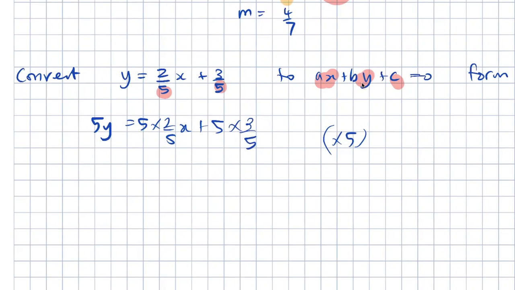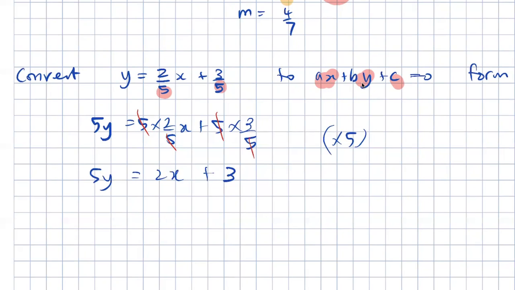These 5 over 5 cancel, as we'd expect them to, and we get 5y is equal to 2x plus 3. So we have 5y is equal to 2x plus 3.